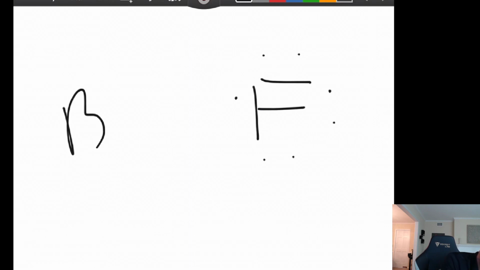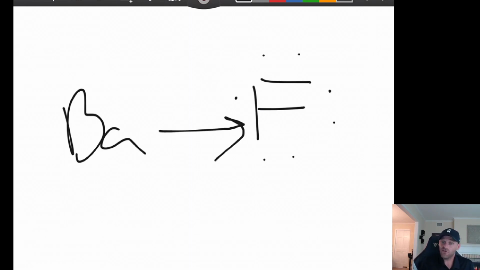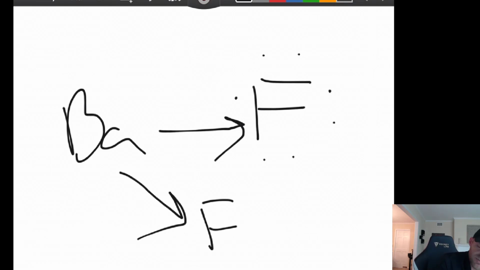Anything that connects to fluorine is only contributing 1 electron. So however many fluorines I have is how many electrons were contributed. Since I have 2 fluorines, barium had to give away 2 electrons. That's how easy that is.